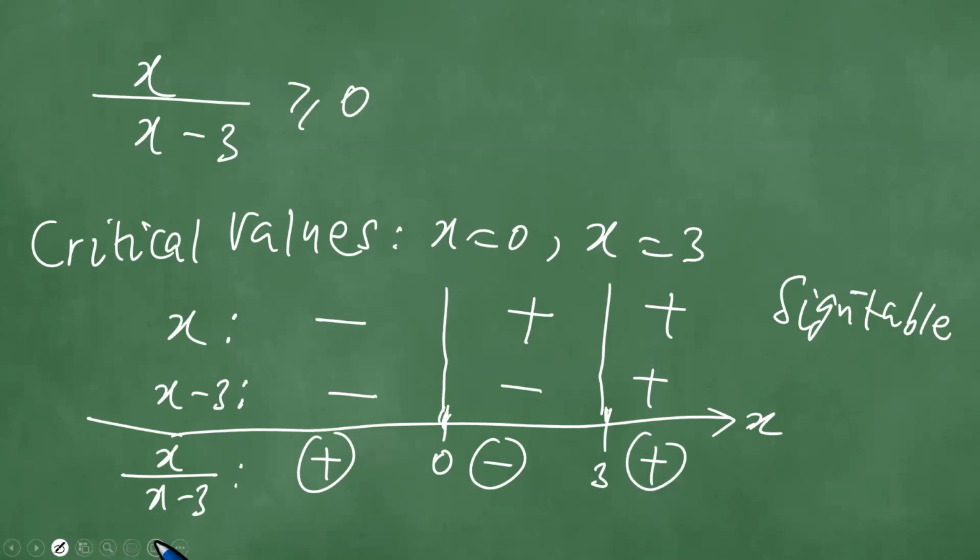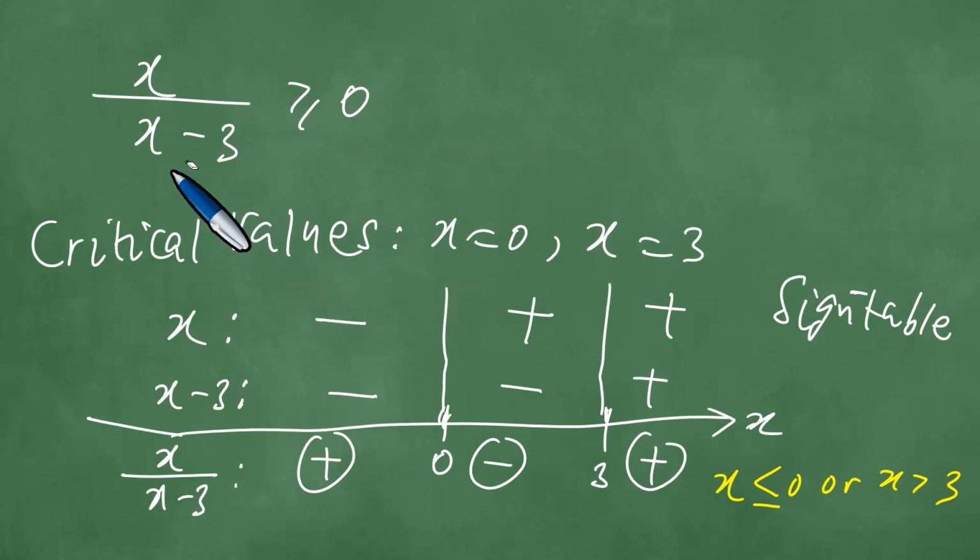So at this point, we are looking for where this is greater than or equal to 0. Where is it greater than or equal to 0? Positive. Positive this side, positive that side. So which means positive on the left of 0, which means x is less than or equal to 0, or x is bigger than 3.